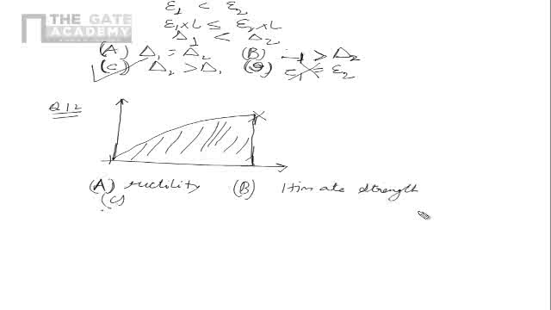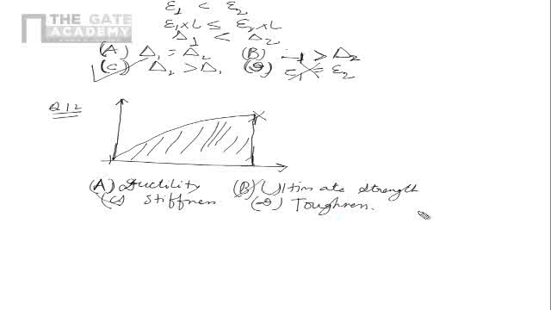Option C is stiffness, and option D is toughness. So let's see. First option is ductility, second is ultimate strength, third is stiffness, and fourth option is toughness.